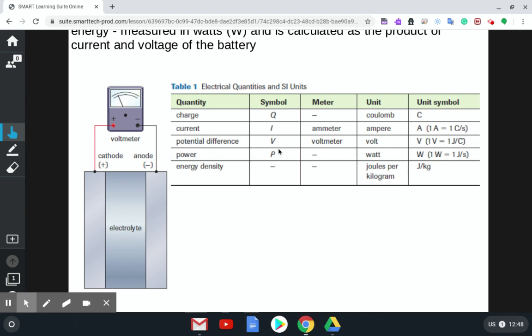Potential difference, capital V, is measured using a voltmeter, its unit is volts, and one volt is equal to one joule per coulomb. Power, symbol P, is measured in watts, and one watt is equal to one joule per second. Then energy density, which we won't see much of, has the unit joules per kilogram.